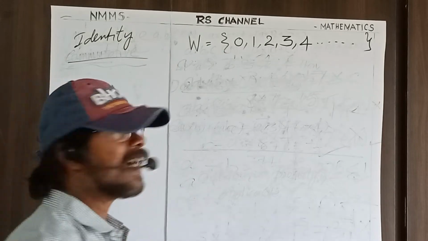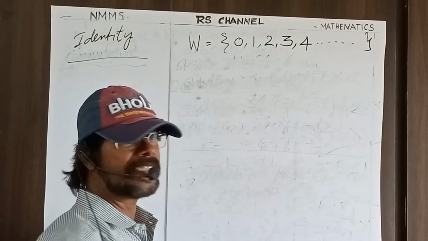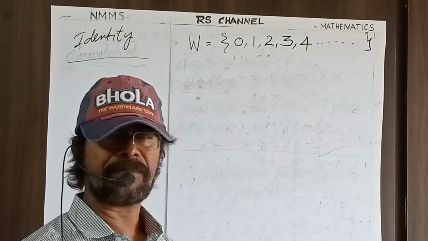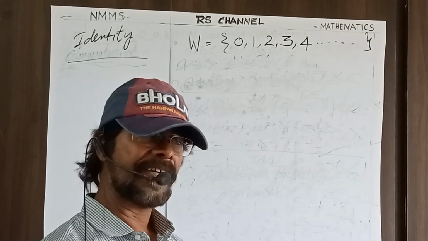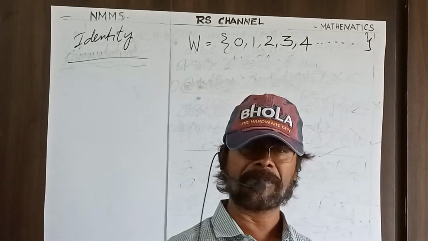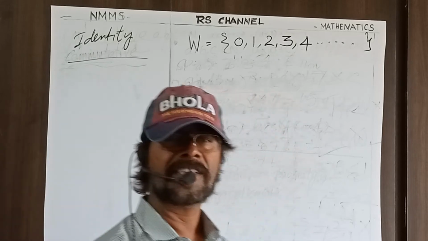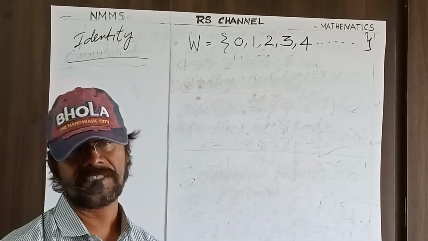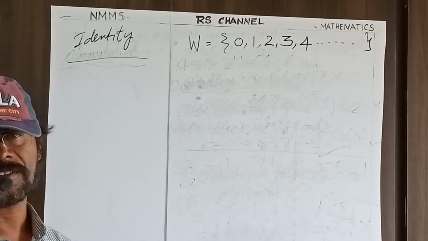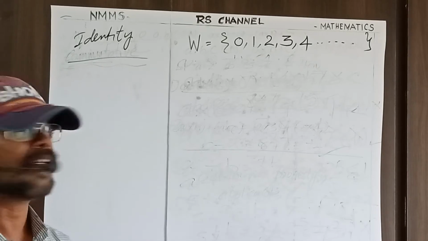We have to get the same number. If you take one number and perform any operation, we must get the same answer. Then we say it follows the identity law. Otherwise, it is not followed.